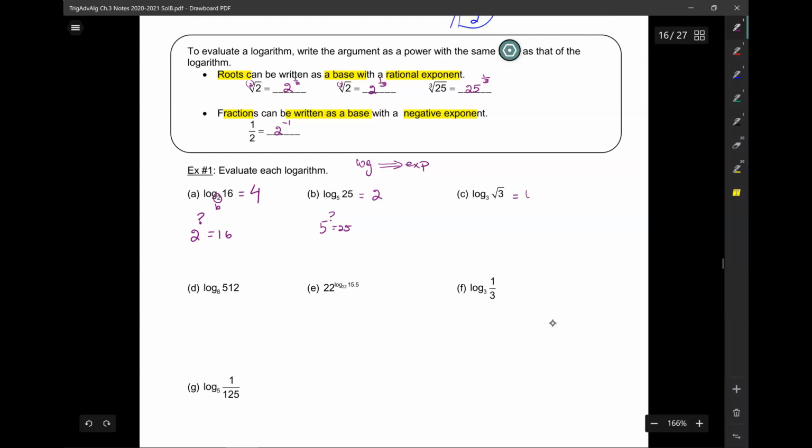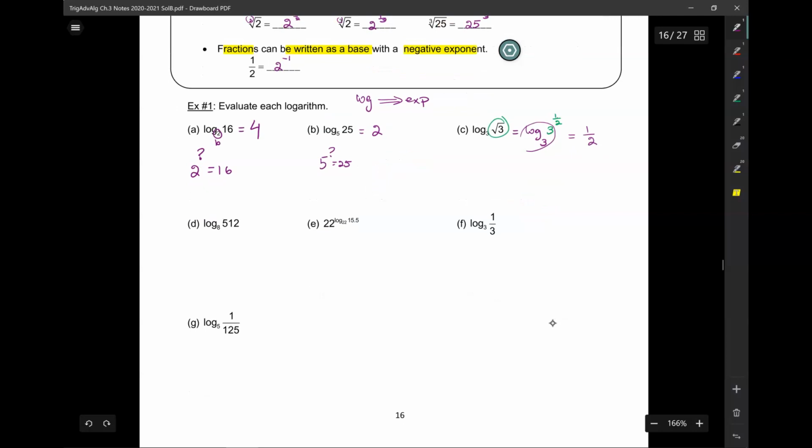Here I have a root. Before I can do the root, I have to rewrite the root of 3 as 3 to the 1/2. Remember? So now look at what I have. I have this pattern, log base 3 of 3 to the power of something. These go away and I have 1/2 left over. Okay, so this next one is asking me 8 to the power of what is 512, right?